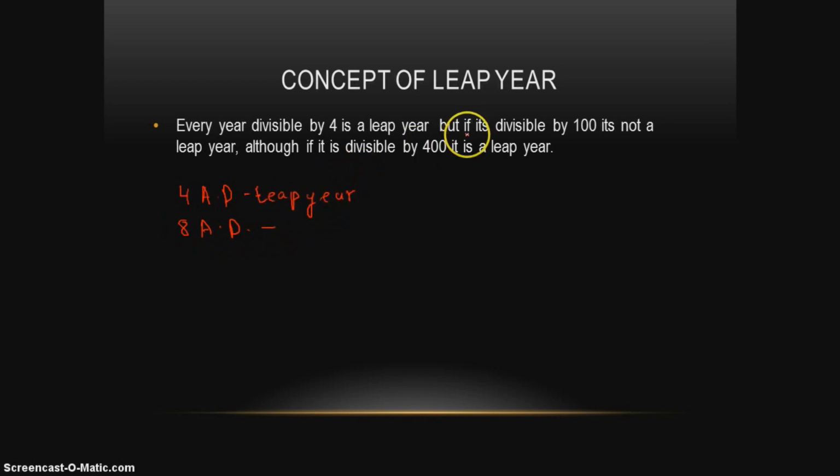But then there is one very important fact which lots of us don't know. That is, if a year is divisible by 100, it's not a leap year. That is, 100 AD was not a leap year. Similarly, 200 AD was not a leap year.